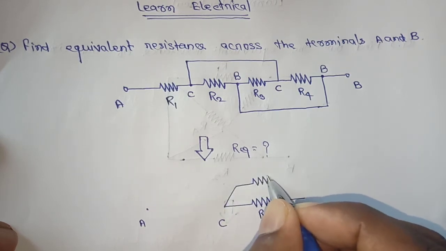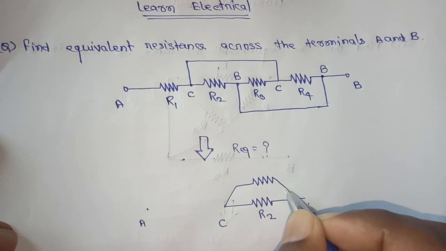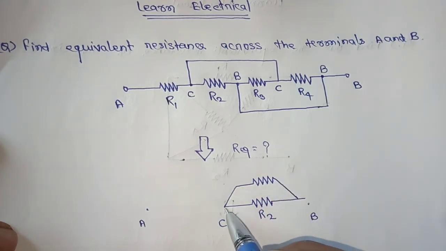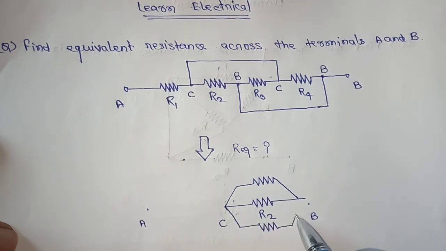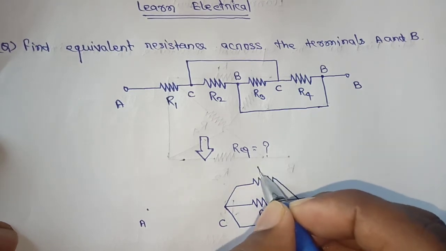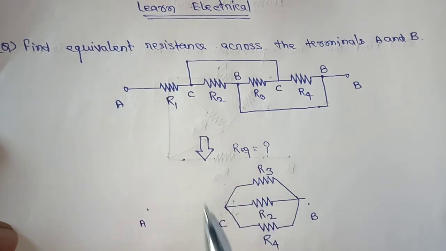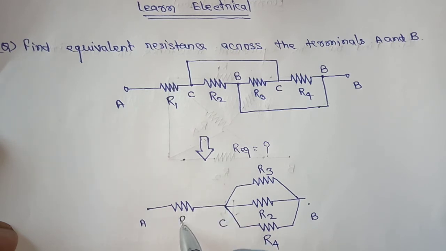Yes or no? Now you see here between B and C R4 is present. This is R4. This is R3. And between A and C we have the resistance, that is R1.